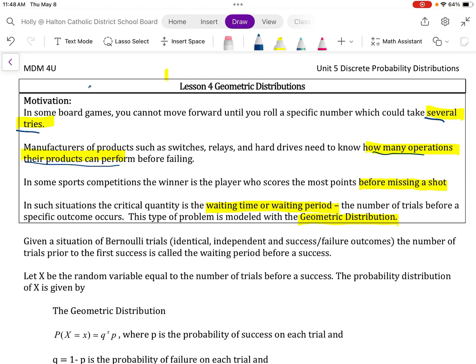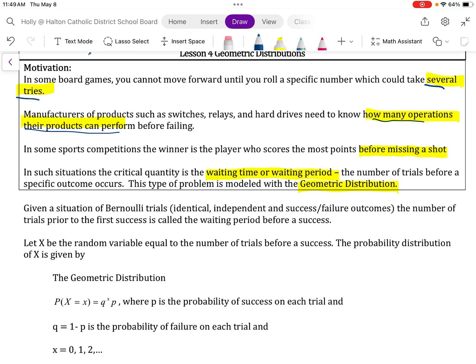In this case, we're not concerned with how many successes we have. We're concerned with how long we have to wait to achieve that success. So do I have to roll a die 3 times before the 4th time getting the desired outcome? How many times do I have to wait before I can get this desired outcome? So that's in essence what a geometric distribution is.